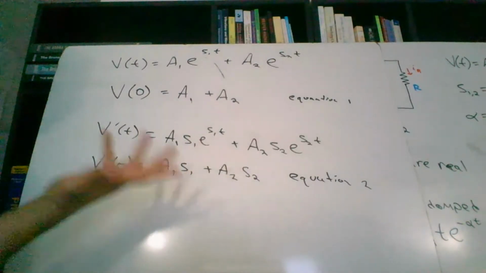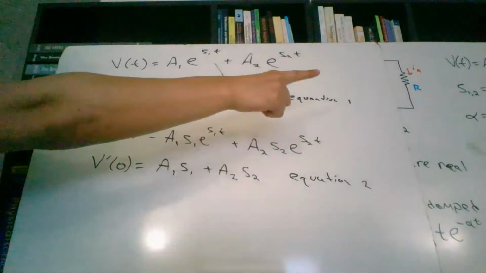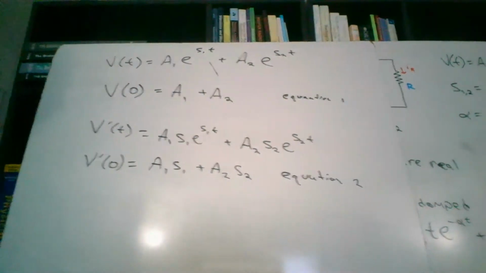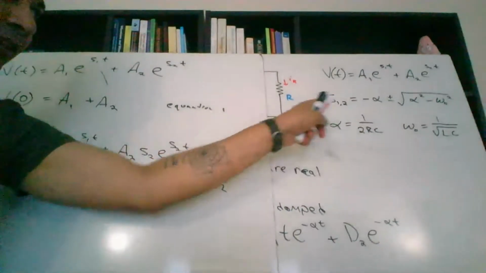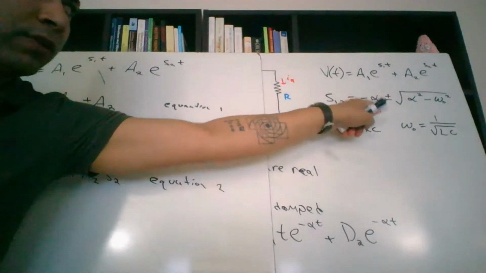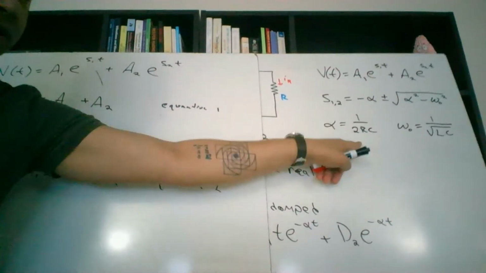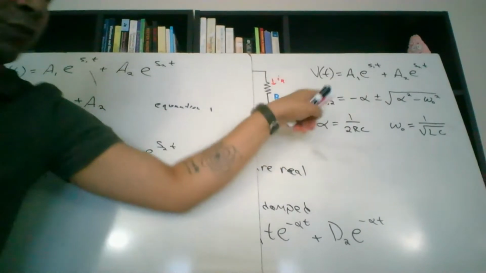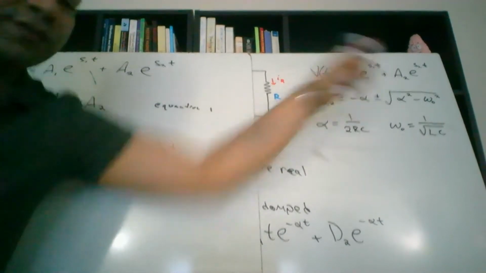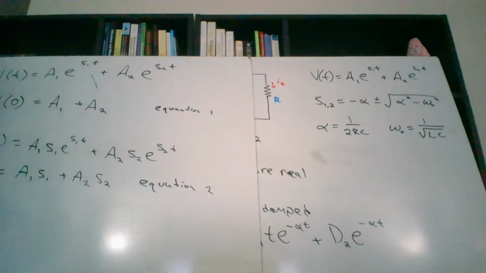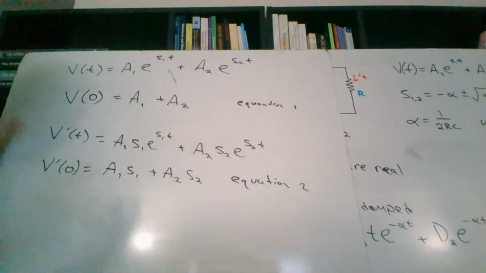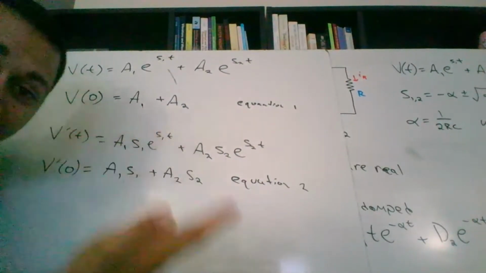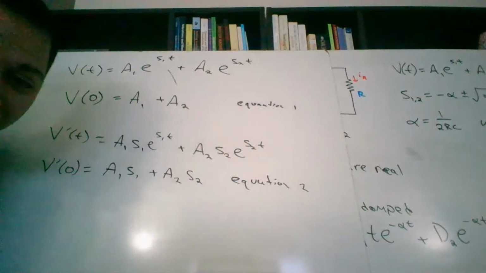Where S1 and S2 are given to you. S1, you just plug into this equation right here. So S1 would equal negative alpha, where alpha is known. So this is a number, this is a number. You just plug it into here, and that'll be S1. And S2 would be the minus version of that, okay? And so from there, you can solve for A1 and A2, and then you're done. You've solved your differential equation.